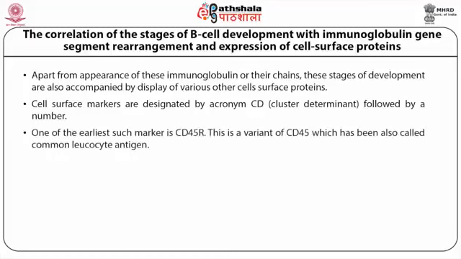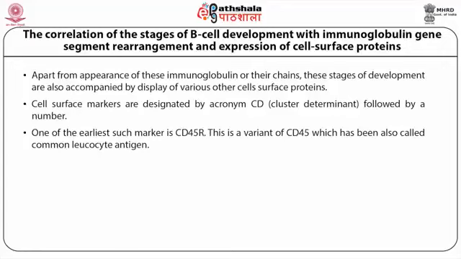One of the earliest such markers is CD45R. This is a variant of CD45, which has also been called common leukocyte antigen. This is because variants of CD45 also appear on the surface of T cells, monocytes, and neutrophils.